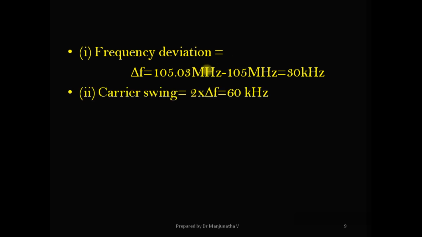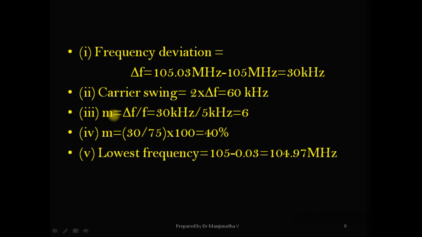Carrier swing is 2 into delta f. We have calculated delta f as 30 kilohertz, into 2 is 60 kilohertz, which is the carrier swing.